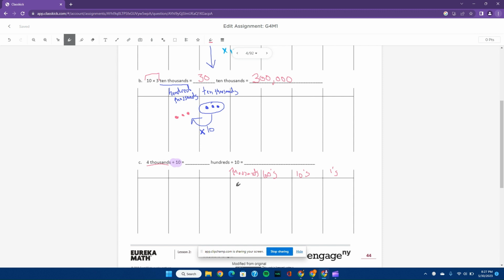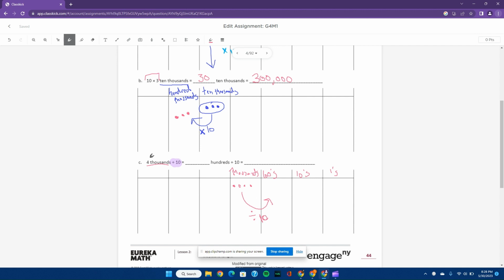And I have 4 of them. 1, 2, 3, 4. Now, I'm not multiplying by 10 to go to the next largest place value. What happens when I divide by 10 is actually I'm moving to the next smallest place value.